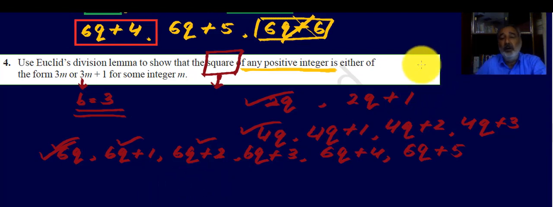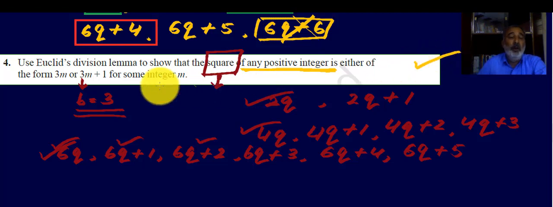Now let's solve this question. We have to show that the square of any positive integer is either of the form 3m or 3m plus 1 for some integer m. I will take this m later on. From the very beginning I am taking b as 3 and a is some positive integer.